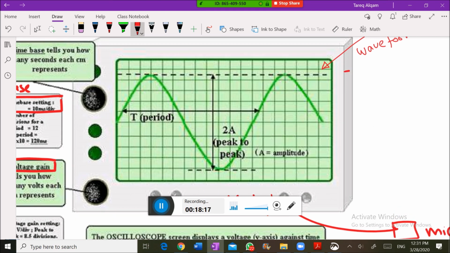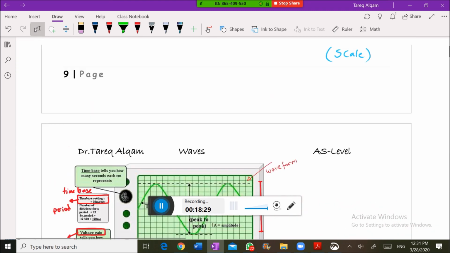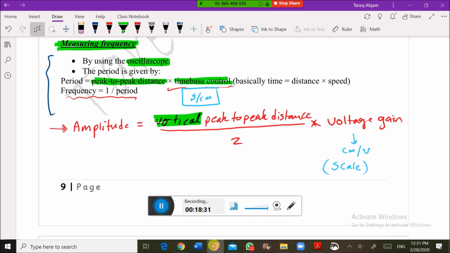This part, from this to this. This is double the amplitude, we will talk about it later on. This is double what? The amplitude. To find the amplitude, you have to take the vertical peak to peak distance by 2, then multiplied by something called voltage gain.